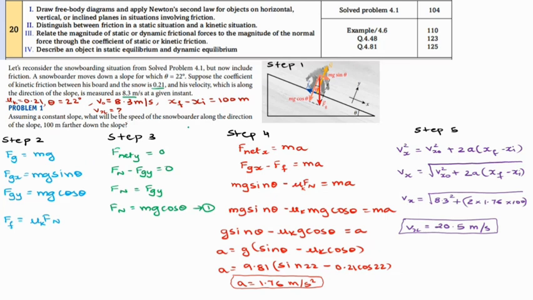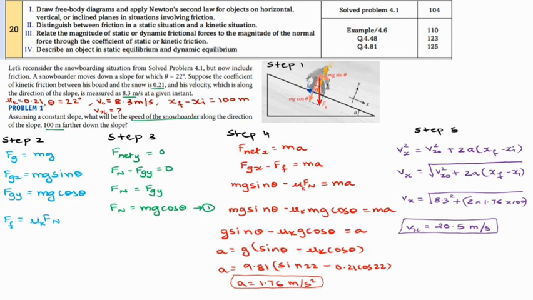You need to find, assuming a constant slope, what will be the speed of the snowboarder along the direction of the slope 100 meters further down the slope.